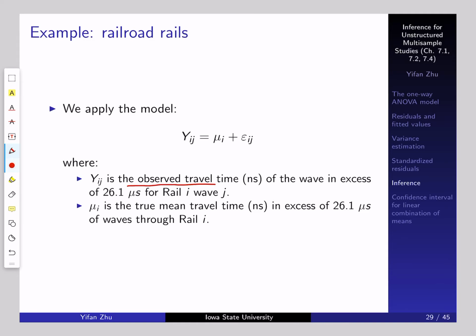Yij is the observed travel time of the wave in excess of 26.1 milliseconds. So this is just the measurement for rail i and wave j of rail i. And mu i is the true mean travel time in excess of 26.1 milliseconds of wave through rail i. Okay.